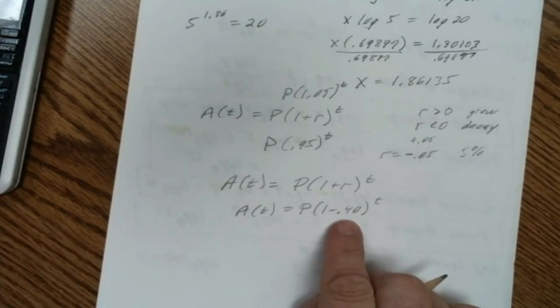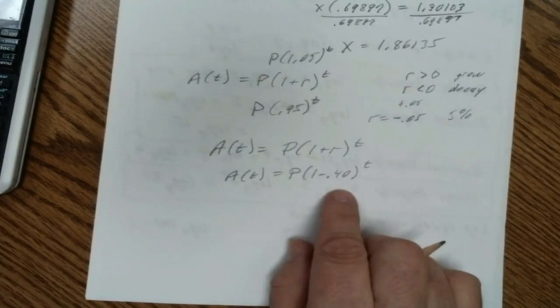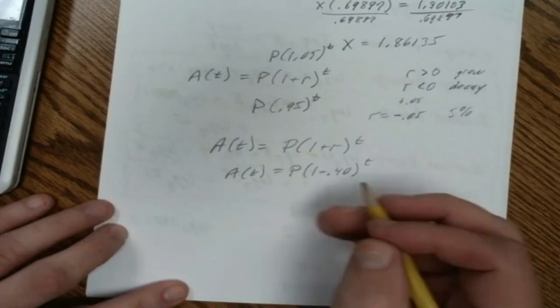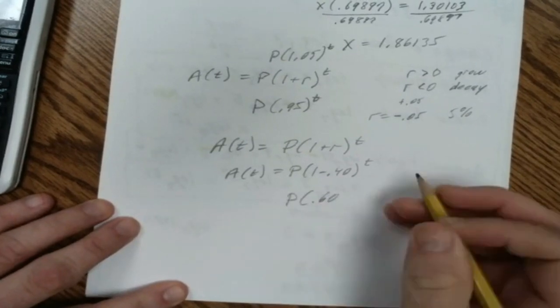So we need adjustments for taking measurements every year instead of every 10 years, because this is 40% per decade, is what they told us, 40% per decade. So if we need to adjust that, it's like, okay, well then instead of this being P, because 1 minus 0.4 is 0.60, we'd have to adjust that.